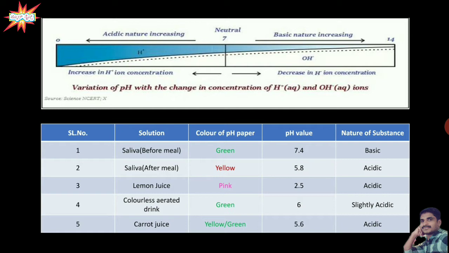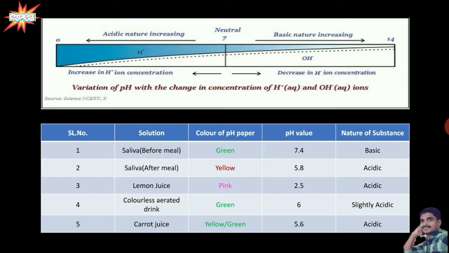The blue area indicates H+ ion concentration, and the white area indicates OH- ion concentration. 7 is the pH value that is neutral. Any solution that shows a pH value of 7 becomes neutral, meaning it does not have acidic nature and does not show basic nature.